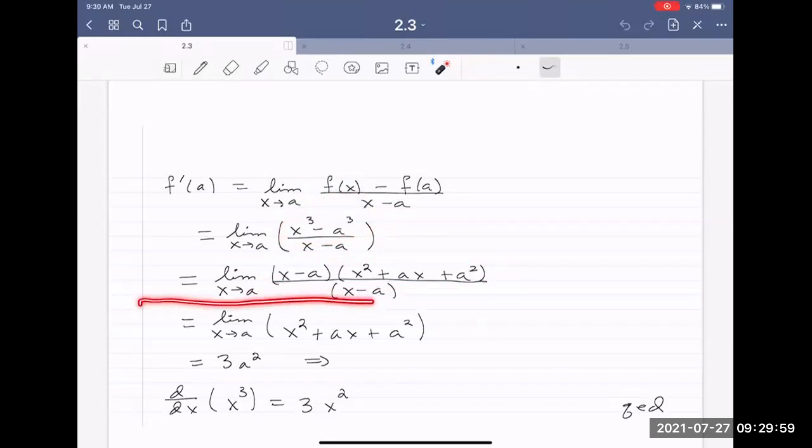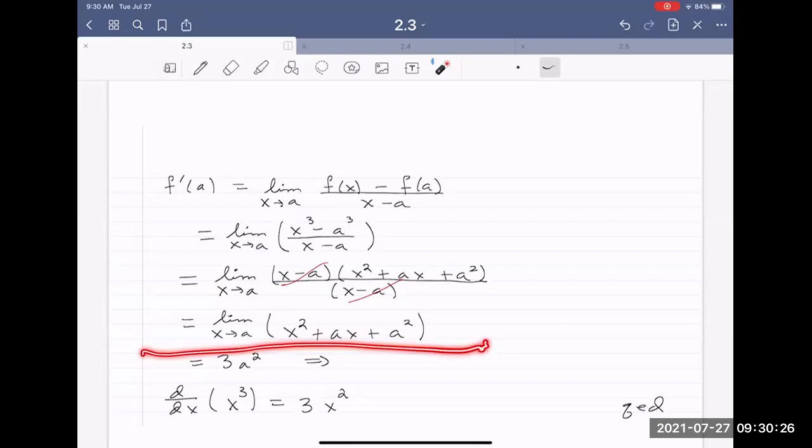And so this is equal to the limit as x approaches a of x minus a times the quantity x squared plus ax plus a squared, all divided by x minus a. The x minus a's cancel. And so this is equal to the limit as x approaches a of x squared plus ax plus a squared.